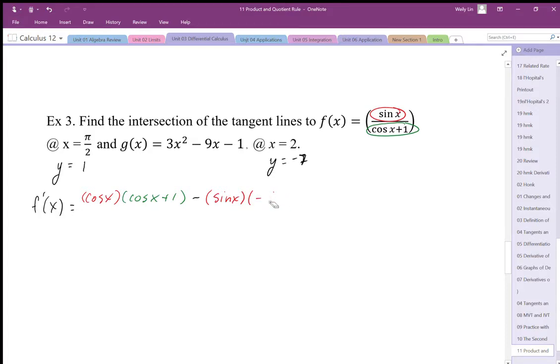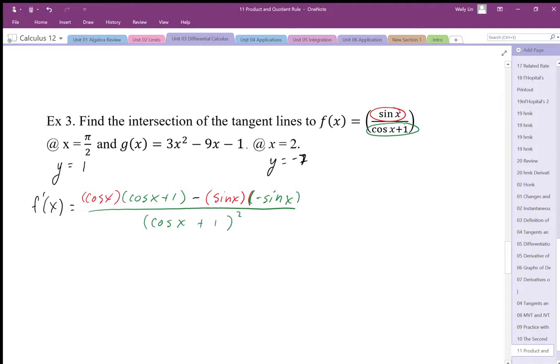Oops, that's going to be in green, sorry. So negative sine x. And then the denominator should be cos of x plus 1, all squared.